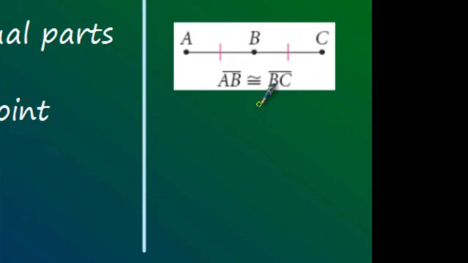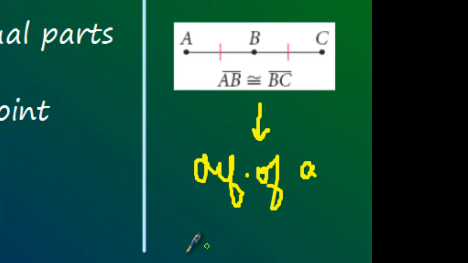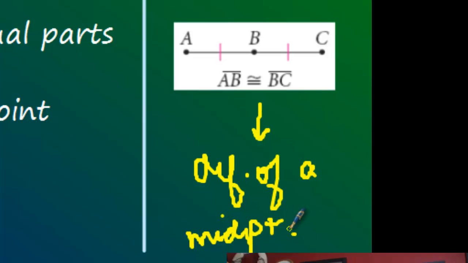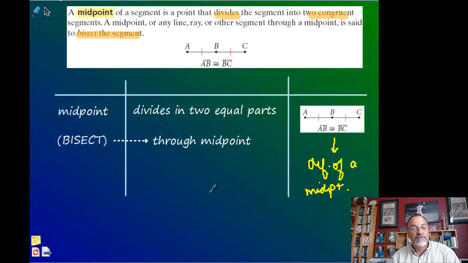So what's the reason? How do I know that? That's the definition of a midpoint. This is a little bit different than the segment addition postulate, in that it's not a postulate, but actually understanding the definition of what a midpoint does. It cuts something into 2 equal parts.